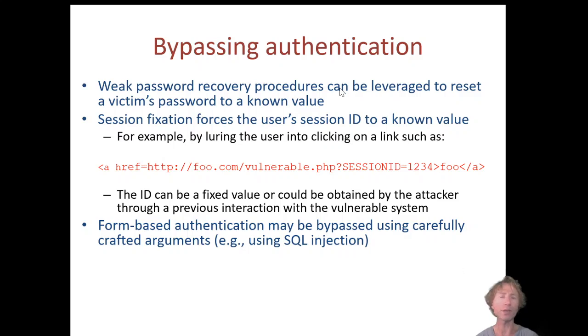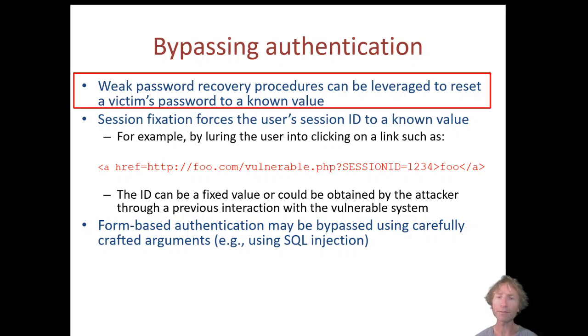Sometimes they are weak because you can use them to reset a victim's password to a known value, and then as an attacker, you can use that known password and do things on behalf of the client. But what we're going to look at is a slightly different weak password recovery procedure that was active here at the Vrije Universiteit a couple of years ago, and it was used for everything, students and employees.